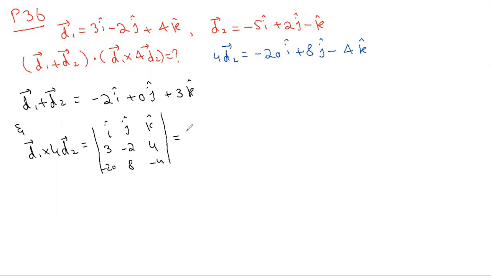So this will be i hat into (8 - 32) minus j hat (-12 + 80) plus k hat (24 - 40).